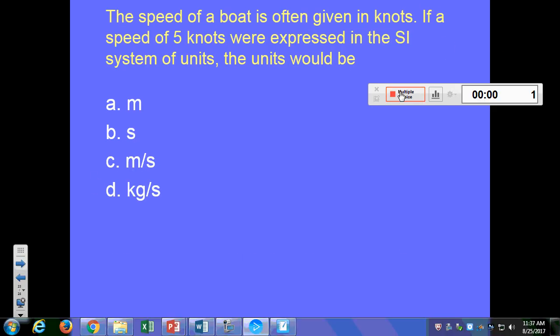Speed of a boat is often given in knots. If the speed of 5 knots were in the SI system, what would the units be in the SI system?